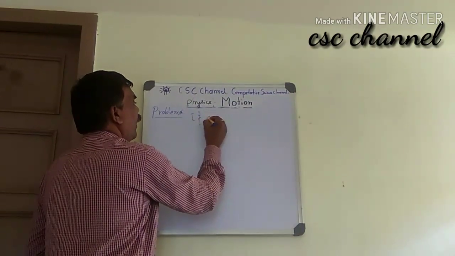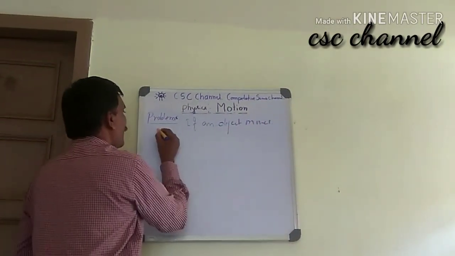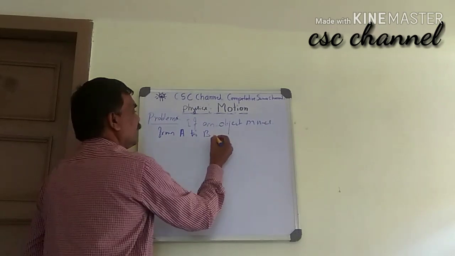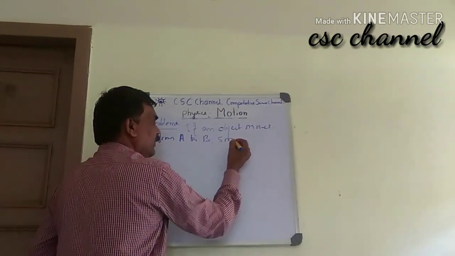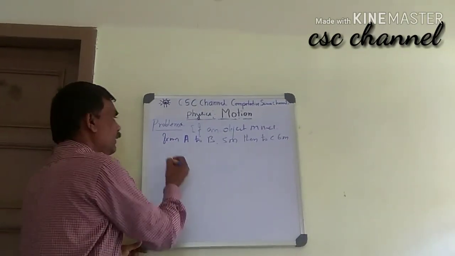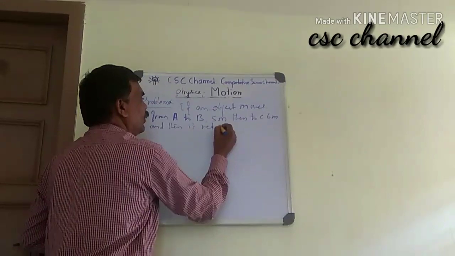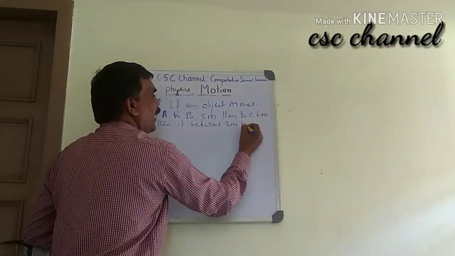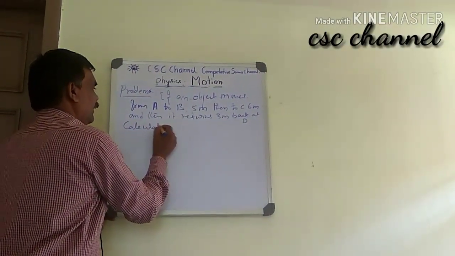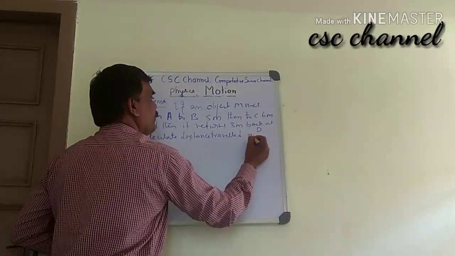If an object moves from A to B 5 meter, then to C 6 meter, and then it returns 3 meter back at D. Calculate distance traveled and displacement.